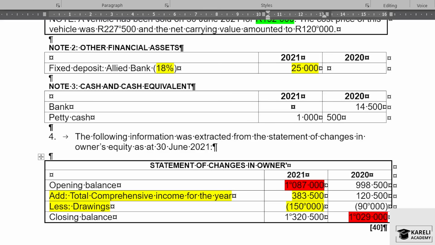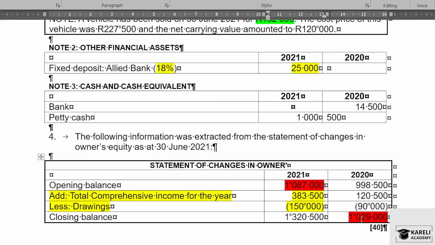Now have a look at it. Let's pause for a second. The closing balance in 2020 is supposed to be the opening balance in 2021. But in this case, when you check, they are different. Why? The reason is because there was an additional amount between this closing balance and this opening balance. That is your additional capital.